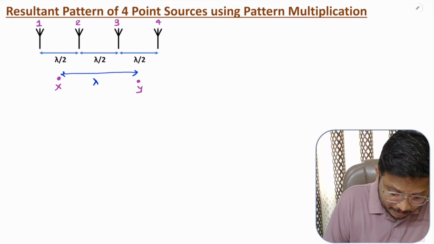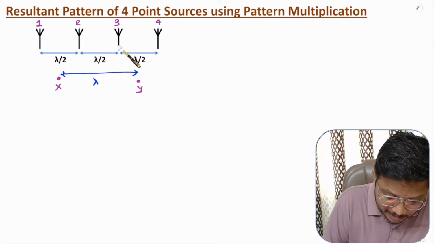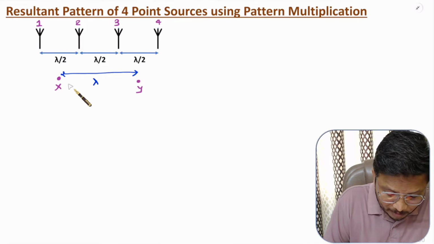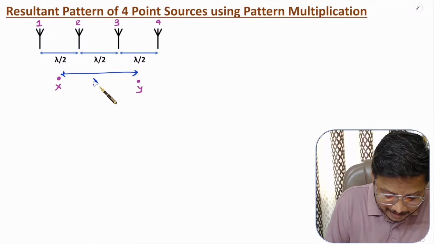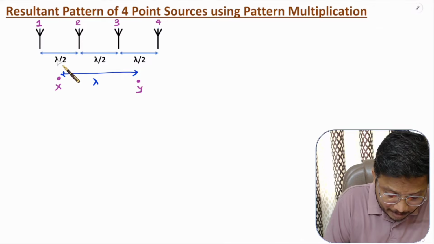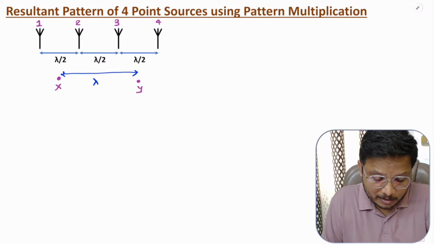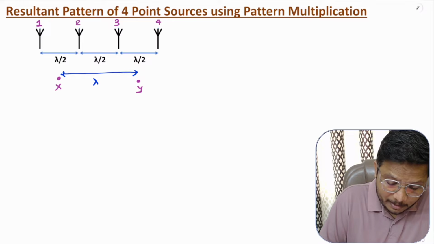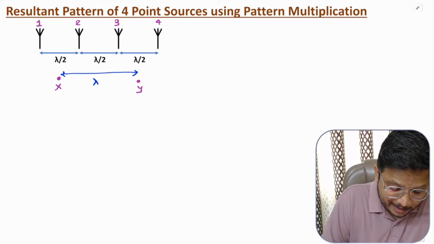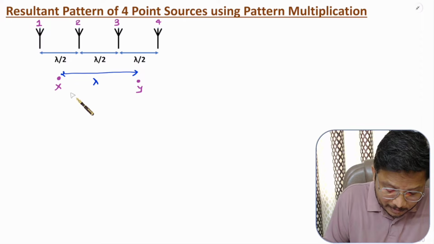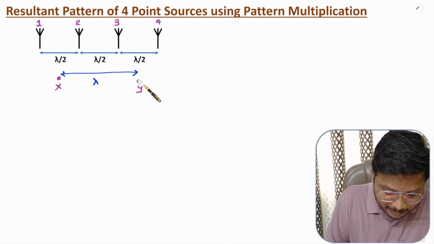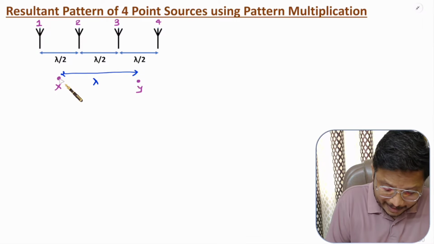See, X is placed in the middle of 1 and 2 and Y is placed in the middle of 3 and 4. So obviously the spacing between X and Y is lambda, as per lambda by 4 plus lambda by 2 plus lambda by 4. Right. Now we have to apply the pattern multiplication rule to identify the resultant pattern. See, the resultant pattern over here is the unit pattern of X or Y into the group pattern of X and Y.